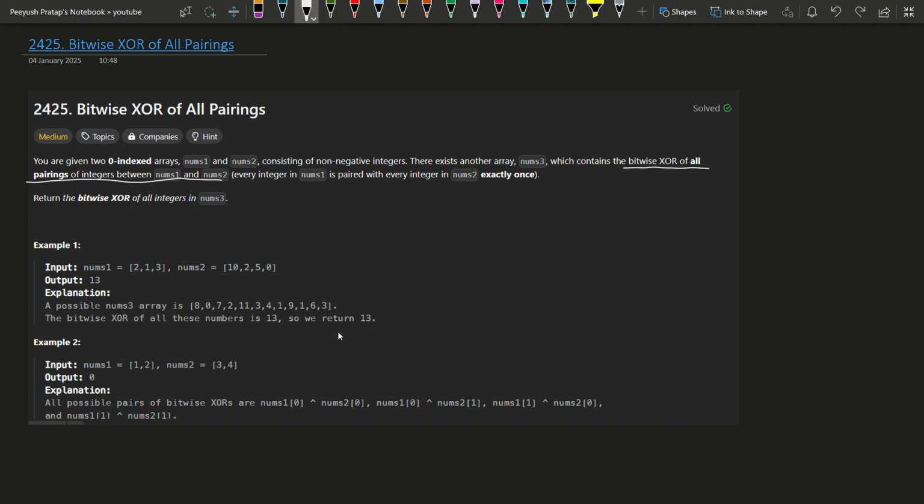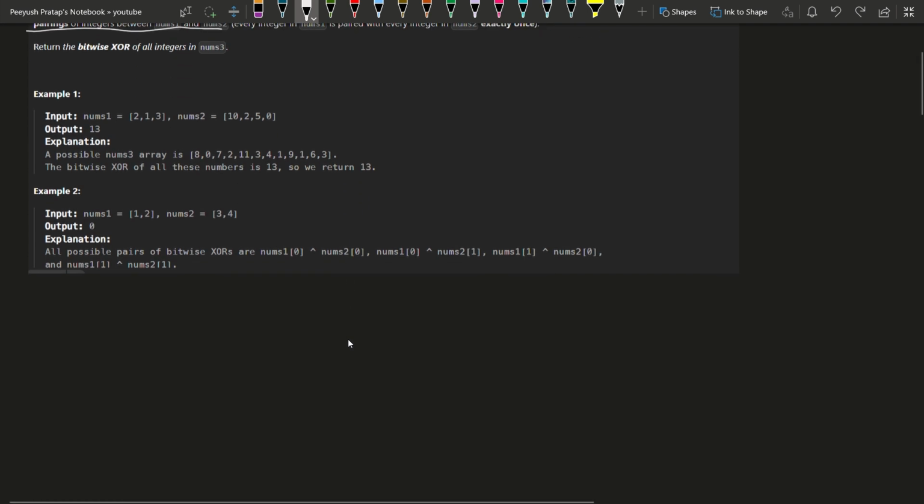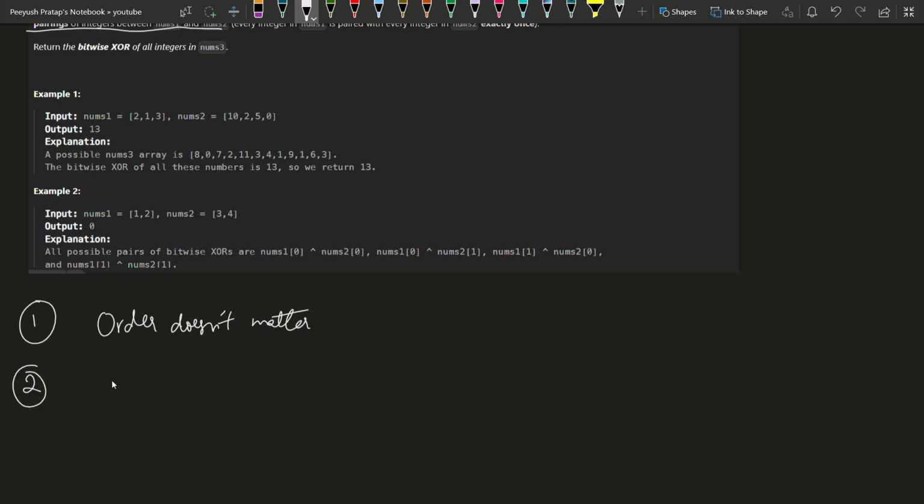So what will be the intuition for this question? Coming to intuition, we have learned 2 points. The first point is that order does not matter. And the second point, if we do XOR of the same element, we will get 0.